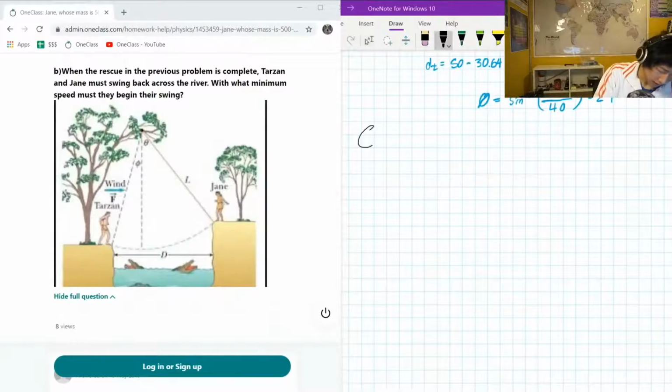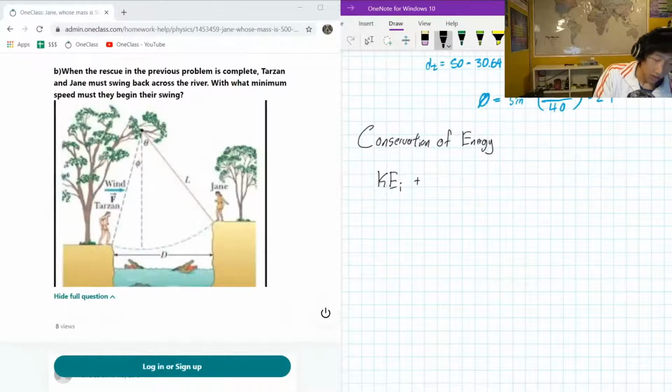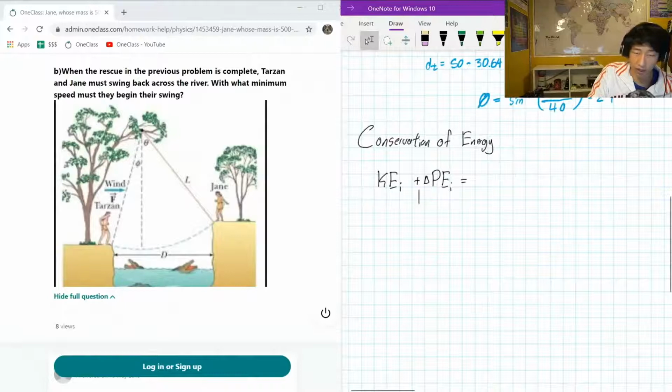So conservation of energy is our key concept. So we have our initial kinetic, so KEI for initial, plus our potential energy initial is going to be equal, or it's actually going to be our change in potential energy, because up here you're going to have a certain degree of mgh of potential energy, and down here you're going to have less.